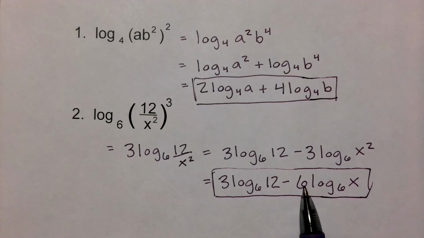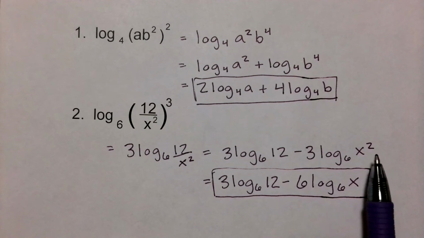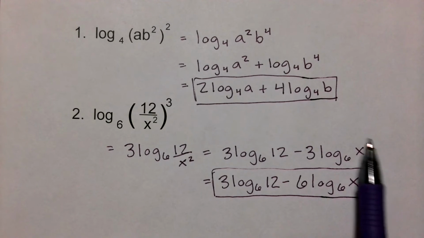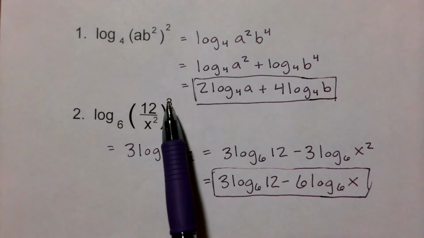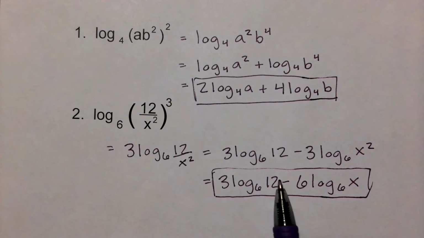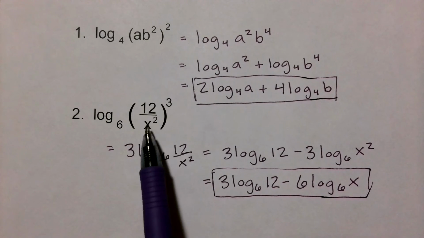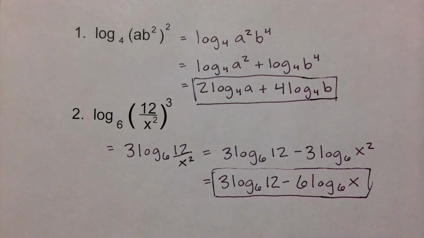If I ever have a coefficient in front of my log and then I have an exponent that I move out front, it's all multiplication, so I'm just multiplying my exponent 2 times 3, which we could see if we went the other route, that 12 is being raised to the 3rd, so there's a 3 out in front of its log, and then x would be raised to the 6th, so there's a 6 out in front of its log.